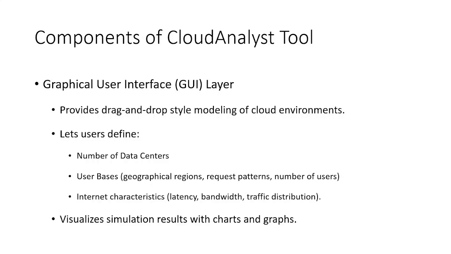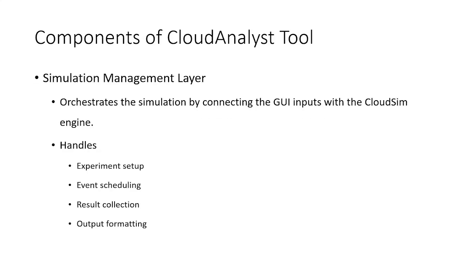We also have internet characteristics, that is latencies, bandwidth, and traffic divisions, which the users have to define. Then they can visualize the simulation results, such as charts and graphs. So with this GUI you can drag and drop, set your configuration details, and find out the result.